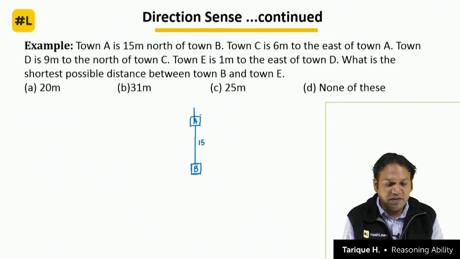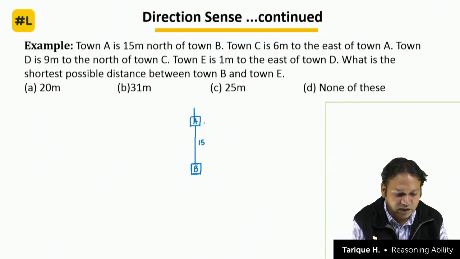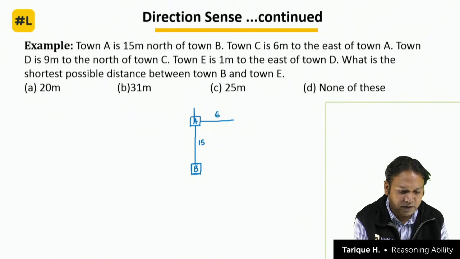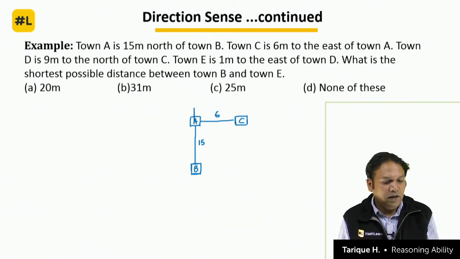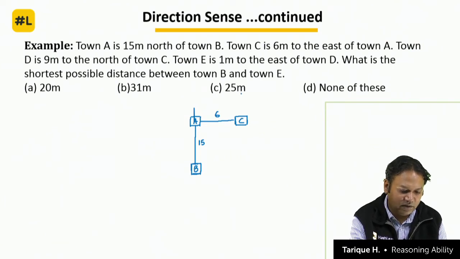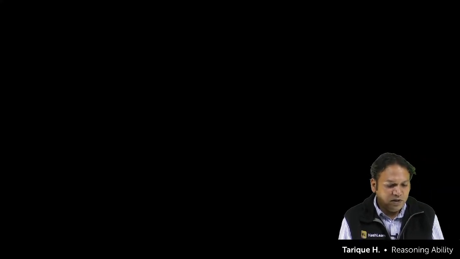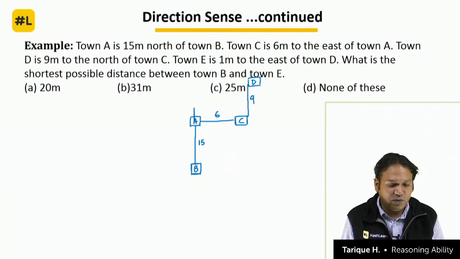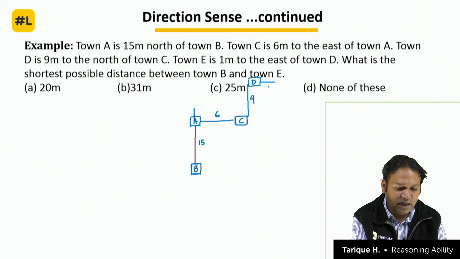Town C is 6 meters to the east of town A. So from town A, if we take 6 meters towards east, let's say this is 6 meters, and this is the position of town C. Town D is 9 meters north of town C. Okay, so let's take this 9 meters, and this is the position of town D. Town E is 1 meter to the east of town D. So again we will take 1 meter this side and say this is town E. Okay.